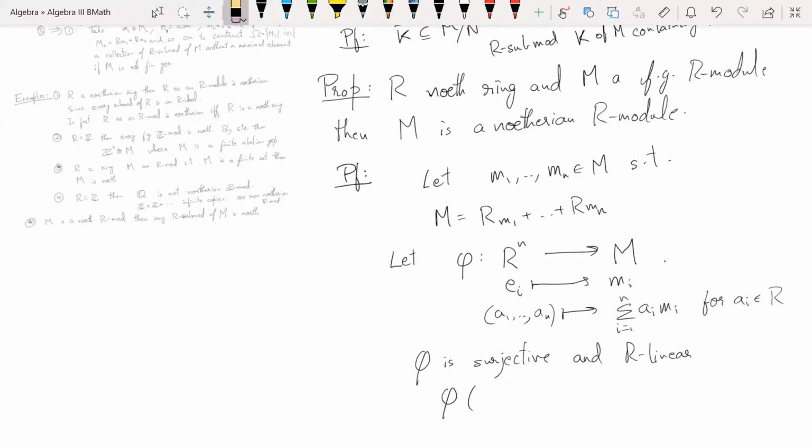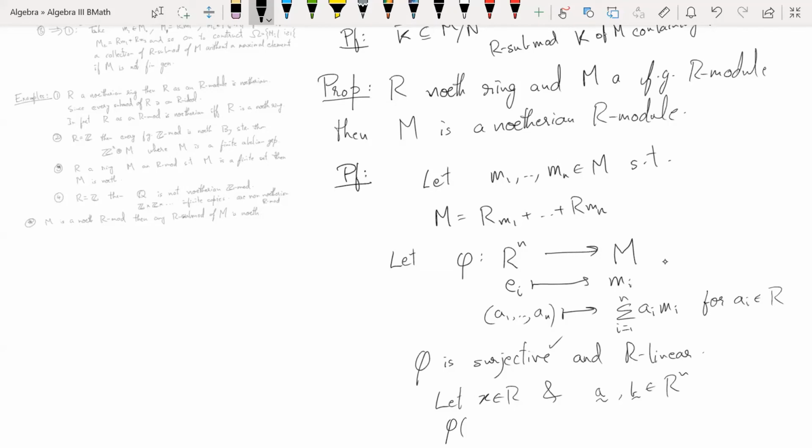Let x belong to R, this scalar, and let a, b be elements of R^n.